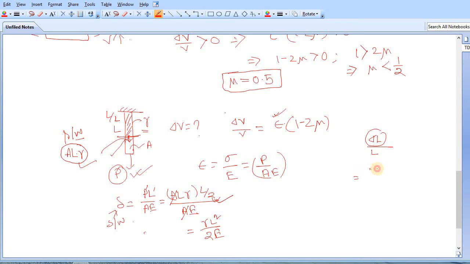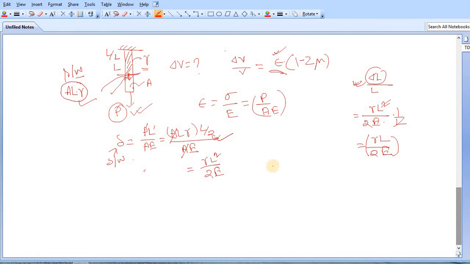So delta L is gamma L square by 2E divided by L, cancel L, and you get gamma L by 2E. So for your self weight, your unit deflection or strain comes as gamma L by 2E.